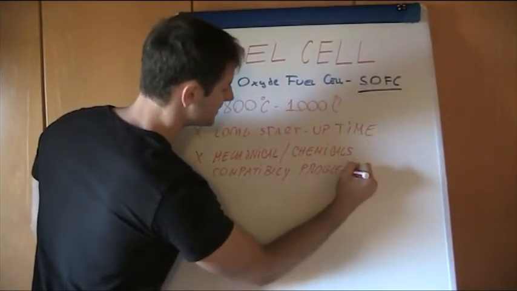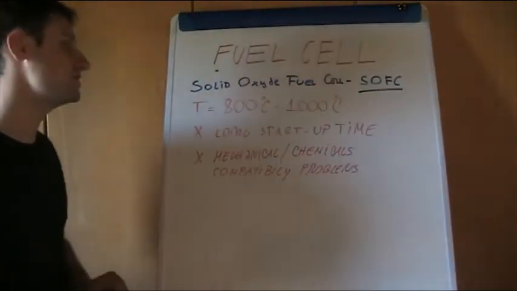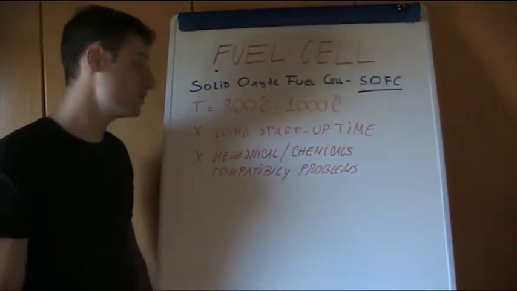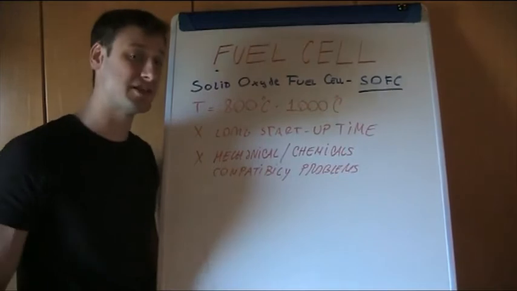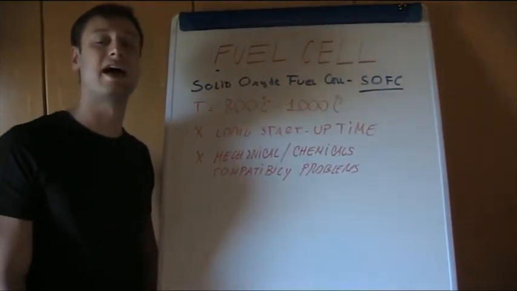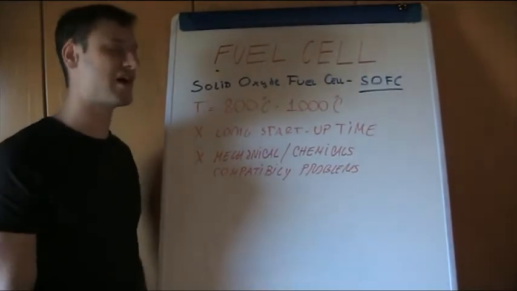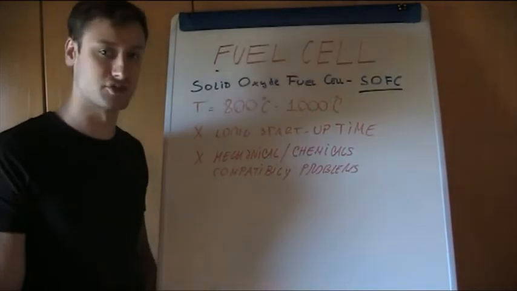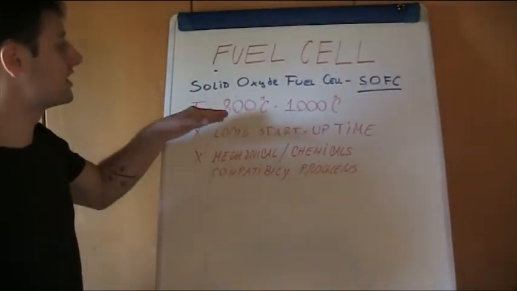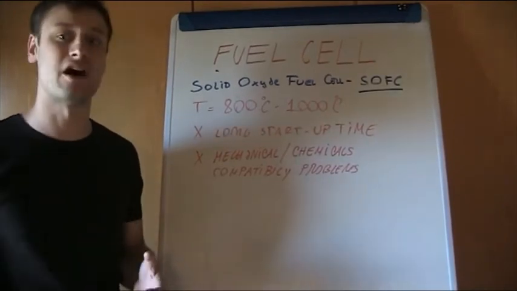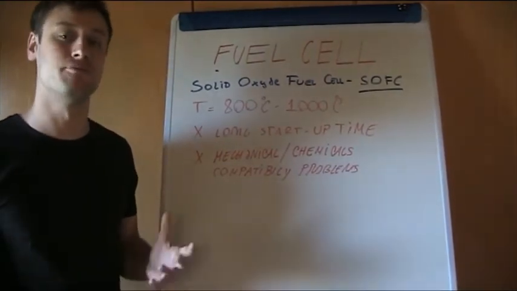Since we are working at high temperature in presence of chemicals, we need to select specific types of materials in order to improve the life of these cells without observing breaking down of their structure and so on. So obviously when we are working at high temperature, we need to be aware of the mechanical properties of the materials that we use for building this cell.